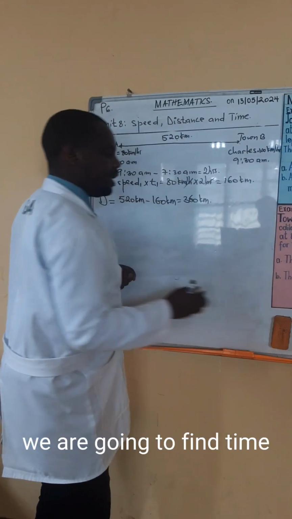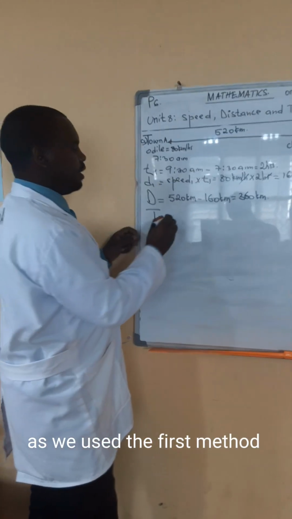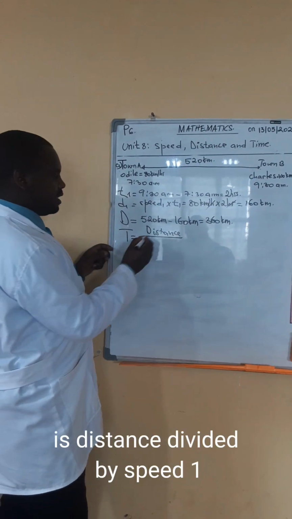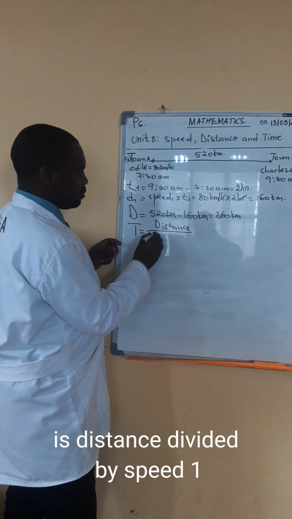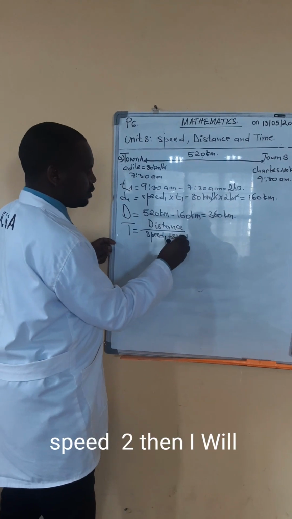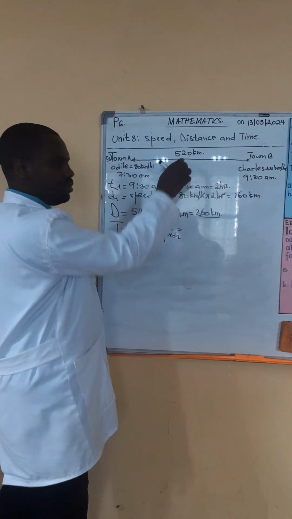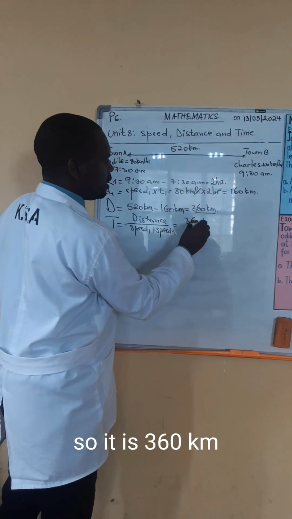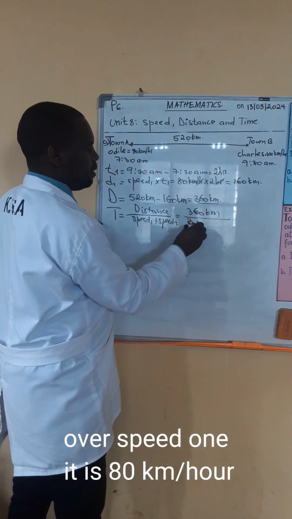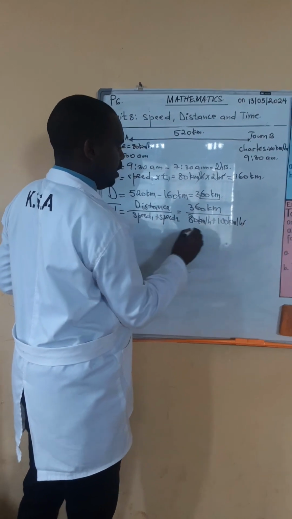Therefore, we are going to find time. As we used the first method, when bodies are moving towards each other, time is distance divided by speed 1 plus speed 2. So it is 360 kilometers over speed 1, which is 80 kilometers per hour, plus 100 kilometers per hour.